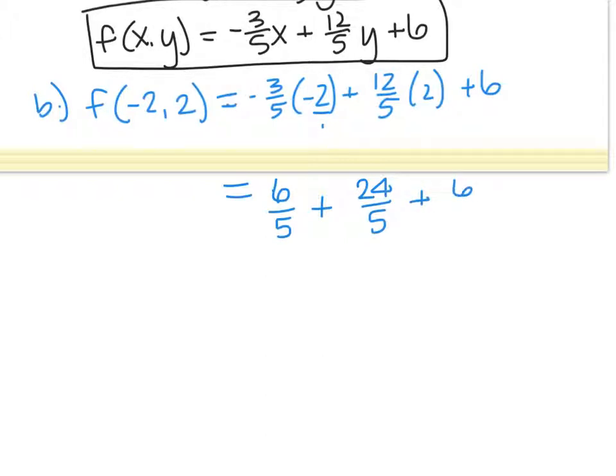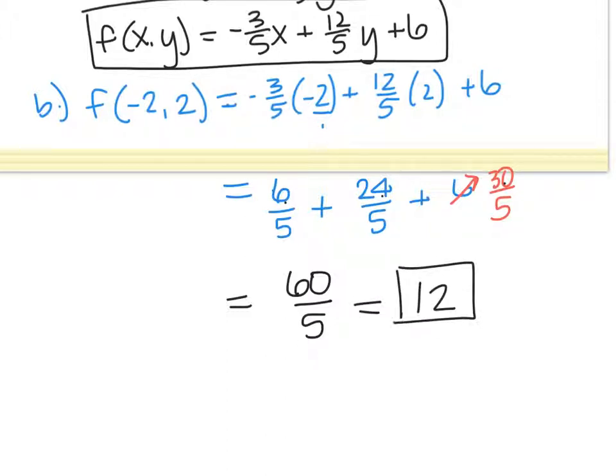And if I get common denominators so that we can add all this up, this here is really going to give me 30/5. So if I add 6 and 24, I get 30, plus another 30. This is going to give me 60/5, which is really 12.